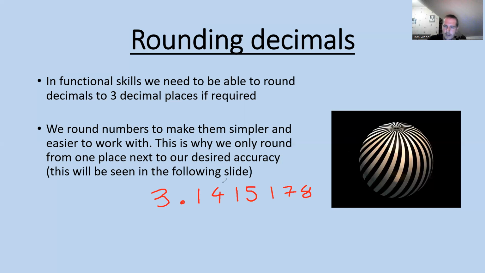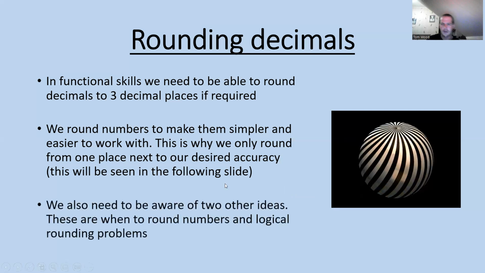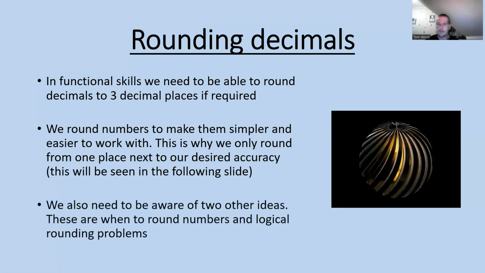We use rounding just to get our answers to an acceptable point. And again, if you're in the scientific community, if you're doing some science at college or university, they will tend to give you a value to round to. 3 decimal places is quite accurate. Sometimes it will go further. So the idea with rounding then is we only ever look at the number next to the one that we're rounding from.